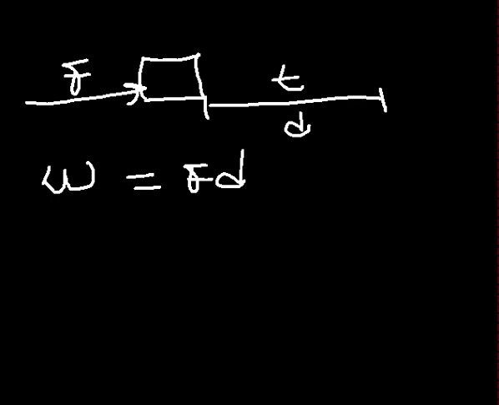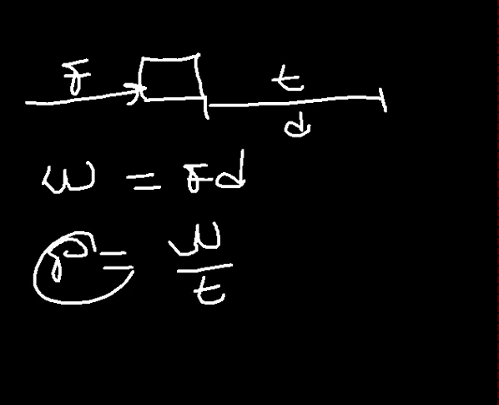Now, the work has been done within the time period t. Then the ratio of the work done to the time gives us power, which is given in watts.